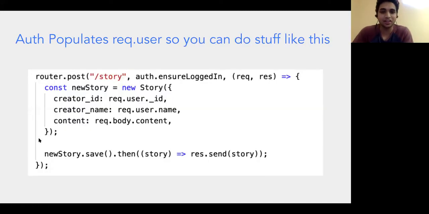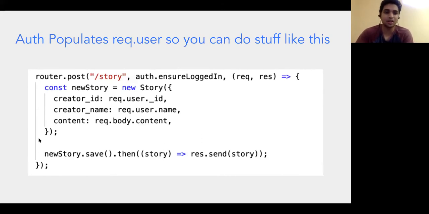Auth, we had a lecture on auth yesterday. I think the most important takeaway or the biggest thing that you will use in your app from auth is this req.user thing. And the cool thing about req.user is whenever you make a request from the front end to the back end, on the back end, when you're dealing with a request, you have access to this thing called req.user, which gives you information about the user who sent the request.